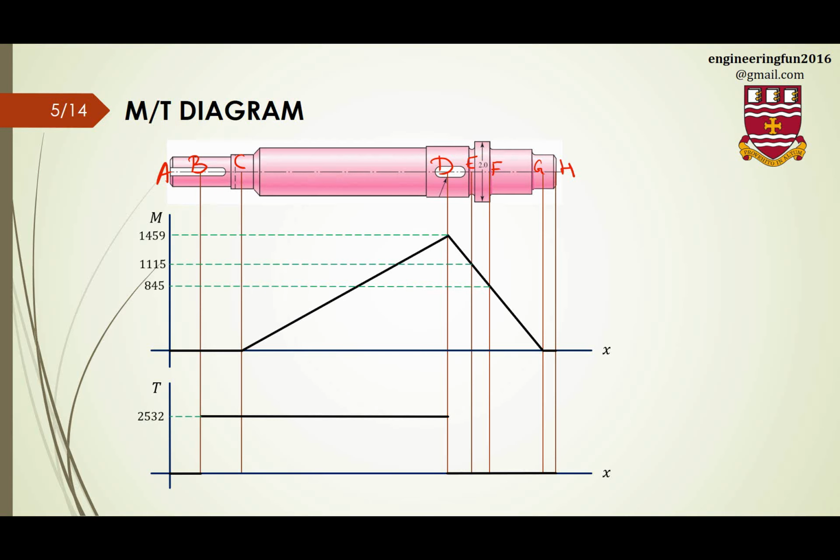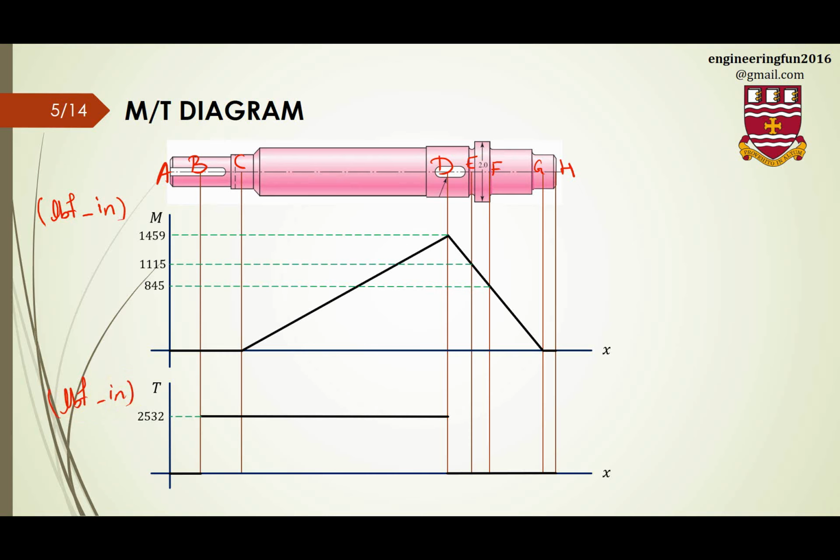And I can show you the numerical value for each point. The maximum point for the moment is 1459, and the unit here is pound inch for moment, and for torsion it is the same, pound inch.